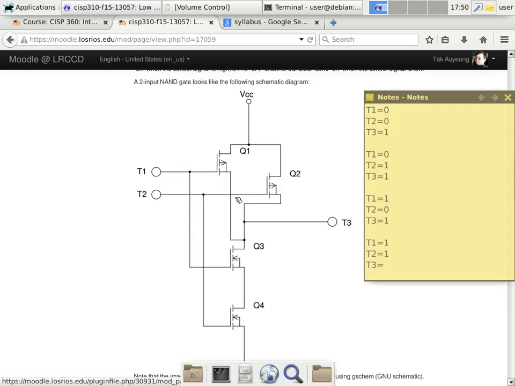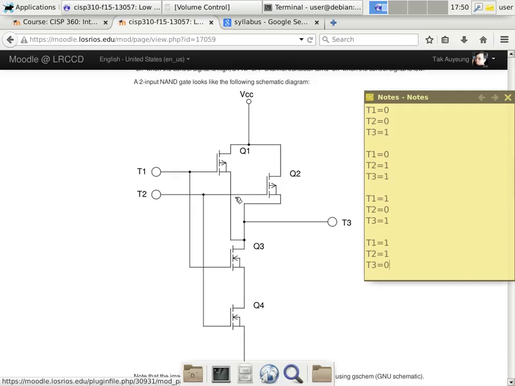If T1 is high and T2 is low, when Q3 gets turned on, that voltage doesn't get transferred over to Q4, or how does that stop it? Because one of these is off already. But if Q3 has a high voltage running through it, and then it's in series with Q4, why wouldn't Q4 have a high voltage running through it? Well, Q4 will see a high voltage here because this connects.